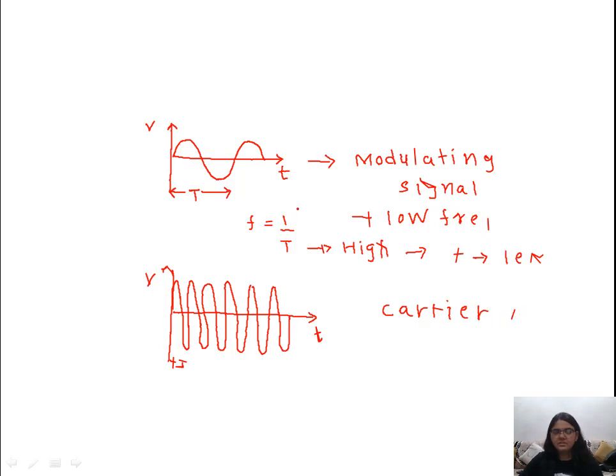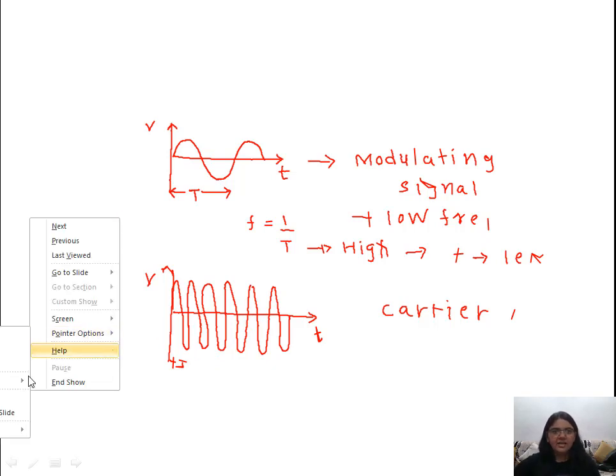So in modulation, two signals are required. Now, here is my voice that I want to pass from here to somewhere else.